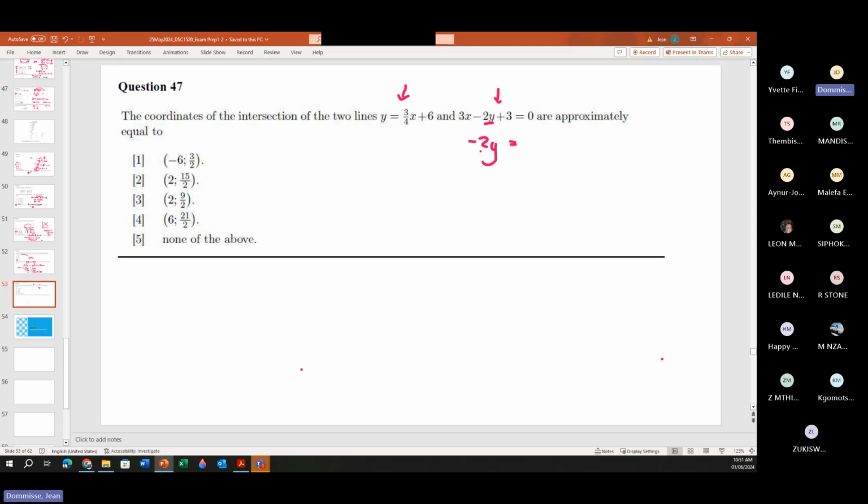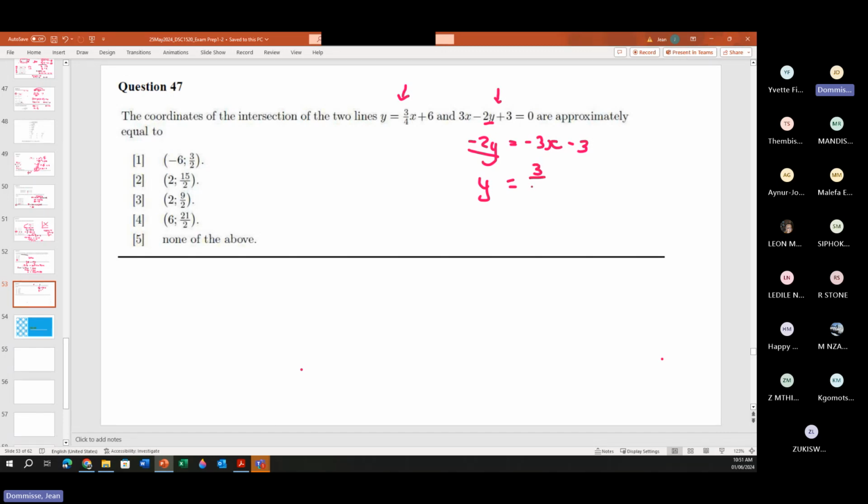So minus 2y stays on the left-hand side. The 3x will go over to the right-hand side, so it becomes minus 3x. The 3 will go over, so it becomes minus 3. So we sit with minus 3x minus 3. So again, we'll divide everywhere by minus 2. So y is equal to 3/2 x minus 3/2.